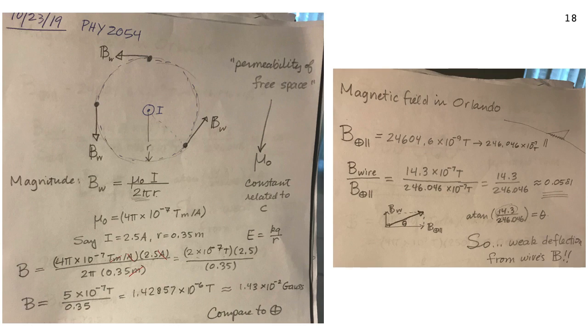And then down in the denominator, I've got a 2 pi and a 0.35 meters.